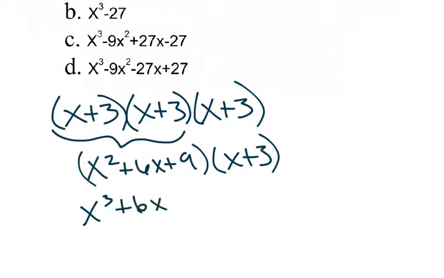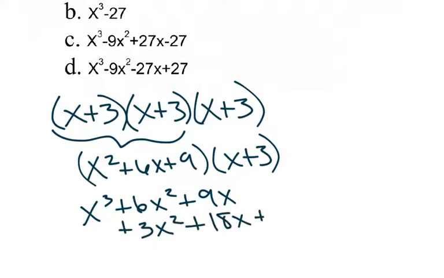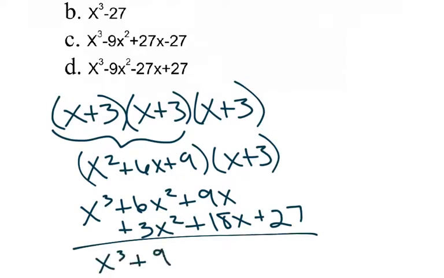So here is what I get. I'm doing this fairly quickly because we've already done it in class. I'm going to get my like terms together. Okay, so that's what I get when I do those 3 parentheses cubed.